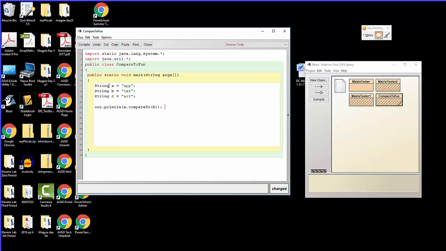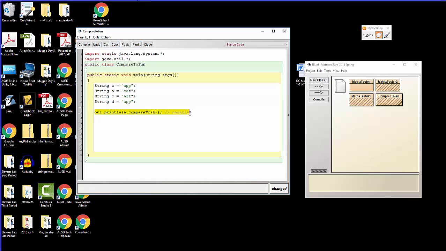It'd be 0 if they were equal. Maybe I'll do one more string, D equals app again. Okay, so I think everyone knows that this would be negative 2. But all you have to know is that it's negative because app is before cat in the dictionary.